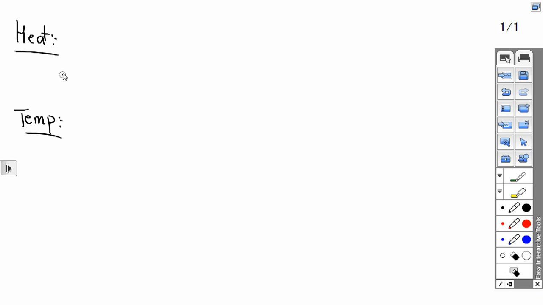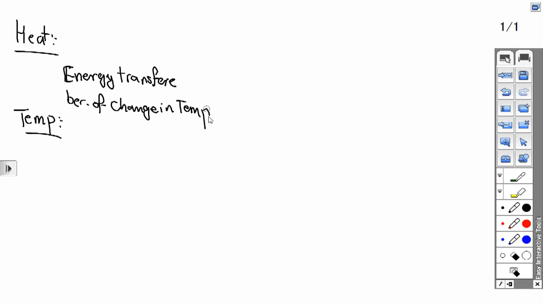Heat means the energy transfer between two objects because of change in temperature. This is energy. The transfer of this is heat. The transfer of energy between two objects because of the change in temperature.